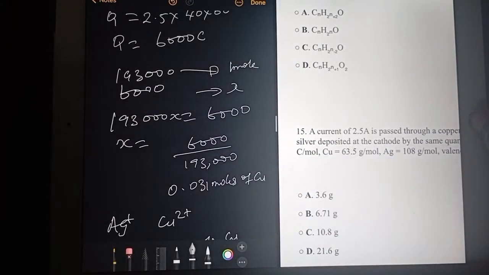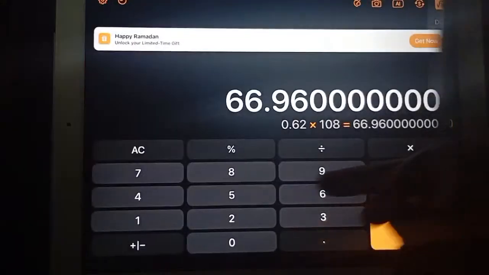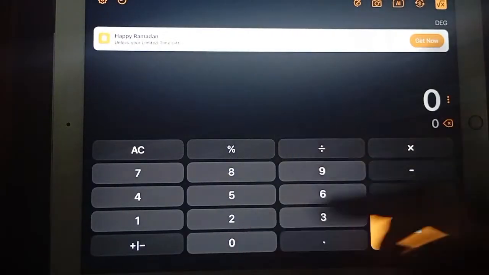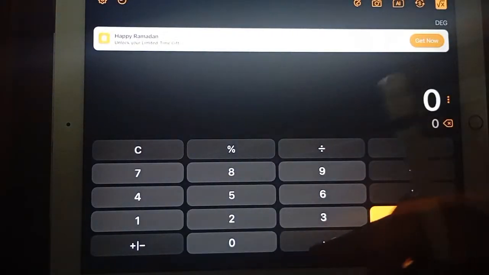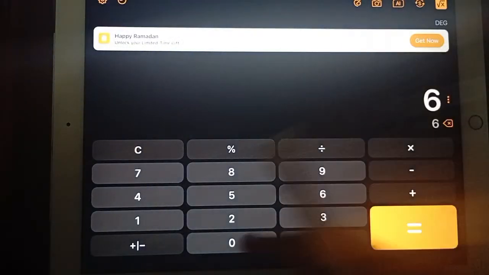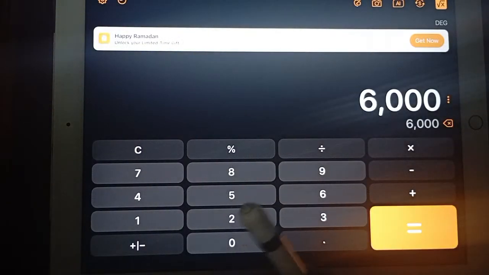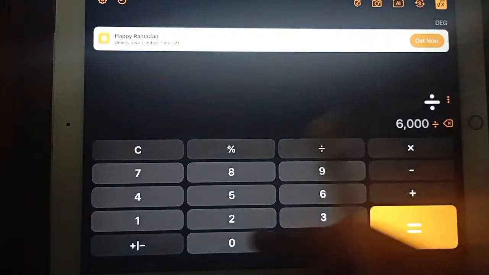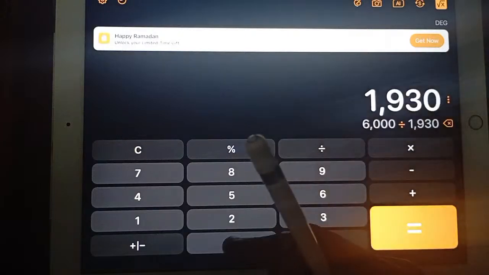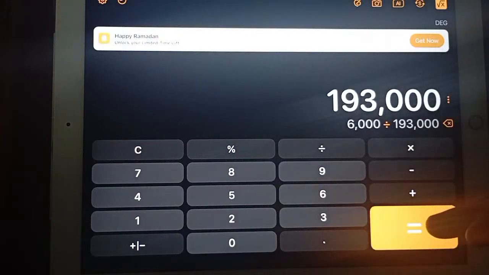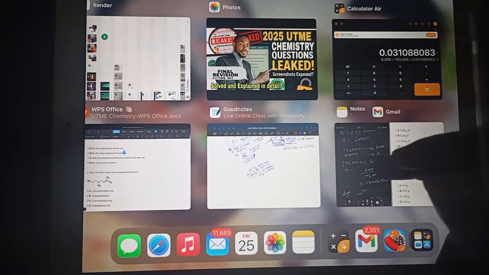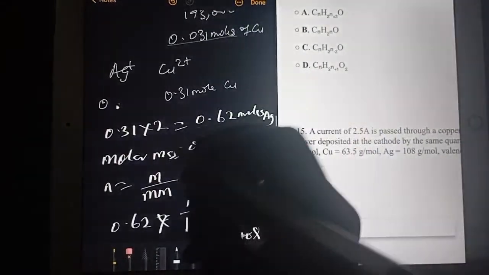6,000 divided by 193,000. Oh, 0.062. That's where the error is from, please.